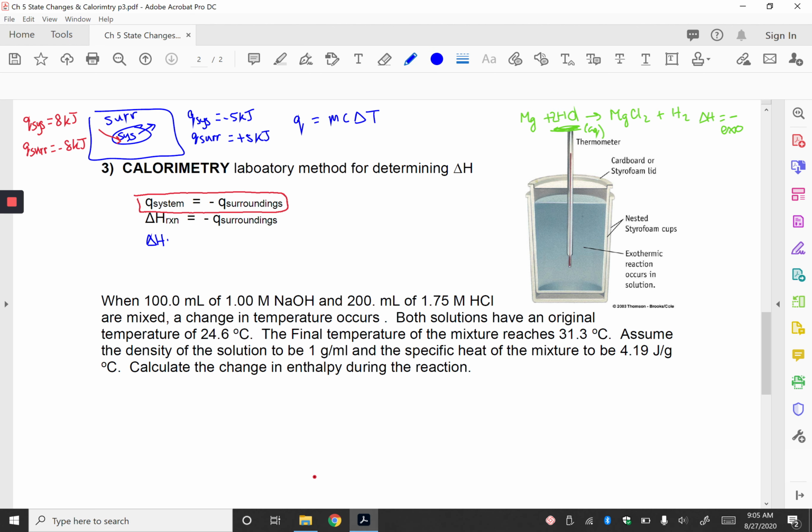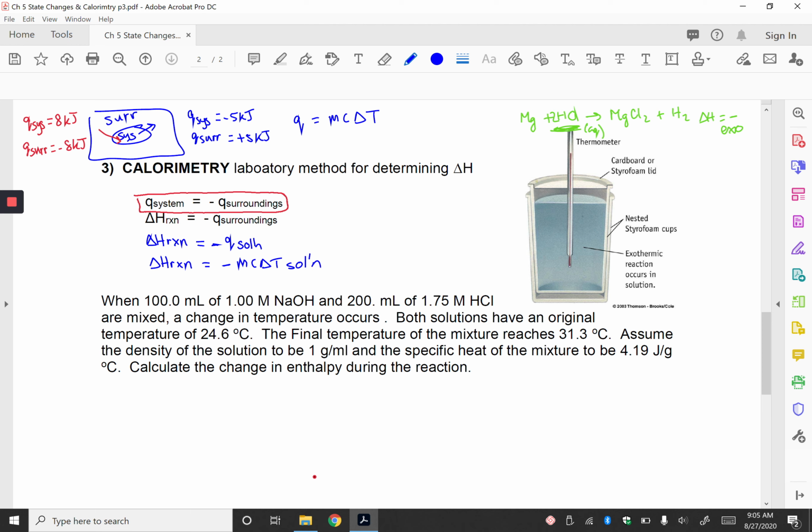delta H of my reaction, which is, again, the same thing as Q of my reaction, is equal to Q of the surrounding. My surroundings is a solution or water, right? And so the reaction is MC delta T for my solution, right?